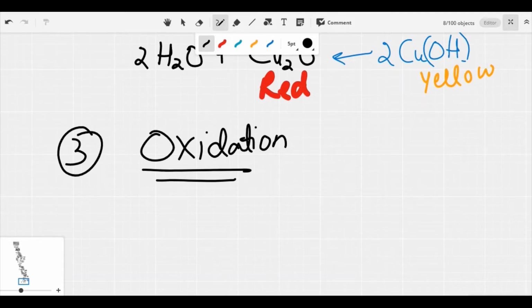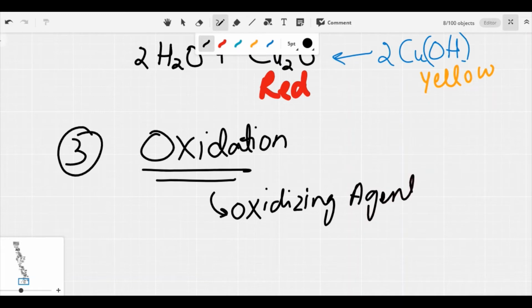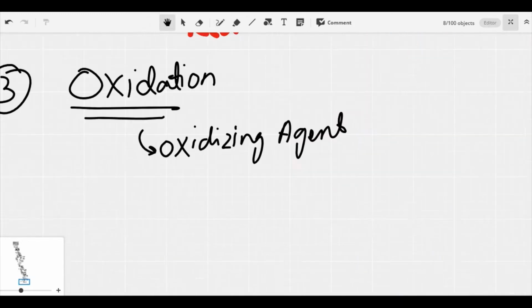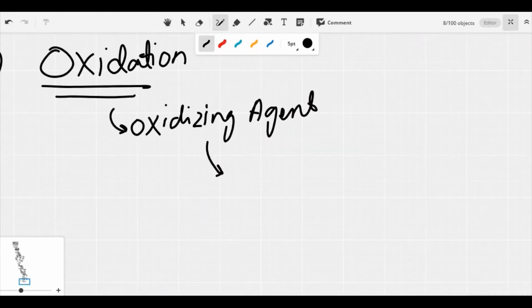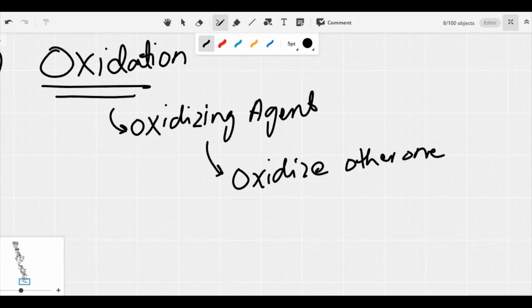Oxidation is, as you know, depending on the oxidizing agent used. Oxidizing agent is the one that oxidizes the other one but reduces itself.